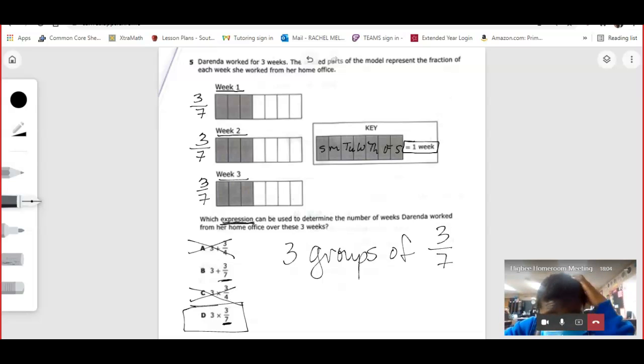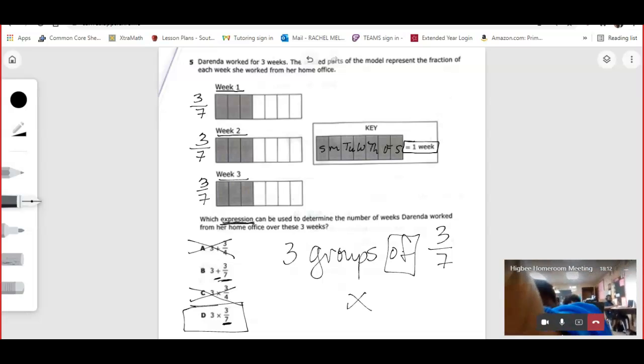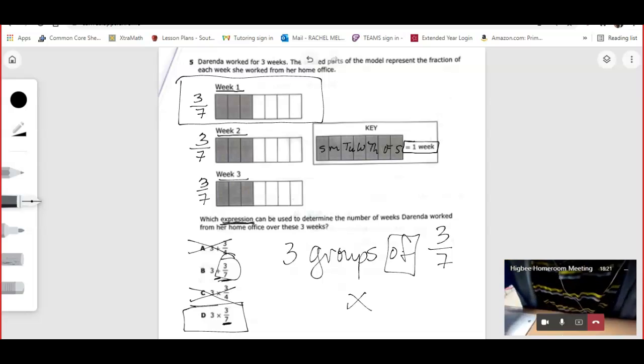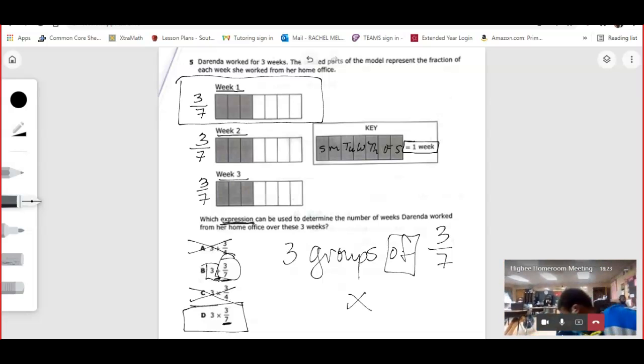When I have this word, groups of, that's always multiplying. If I was doing addition over here, then that means that it would only be 1 group of 3/7, because that would be this right here. And then I would have to get 3 wholes from somewhere. Okay, do I even have 3 wholes in that picture? No, not at all. Okay. Good job on that one.